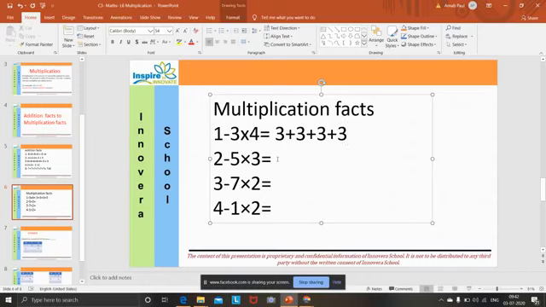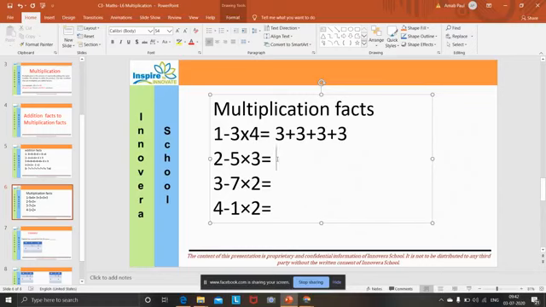5 multiplied by 3. So how are we going to write it as an addition fact? 5, how many times is it repeating? That is 3 times. Right?